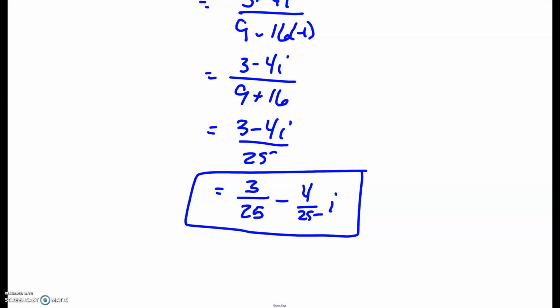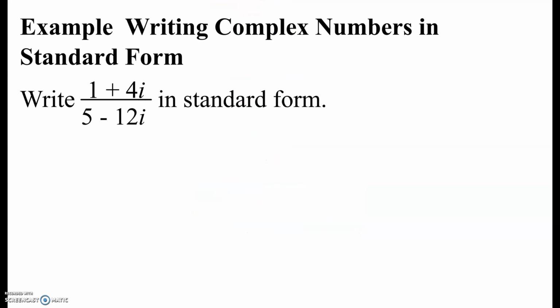What you could have is a complex number over a complex number. So 1 plus 4i over 5 minus 12i.